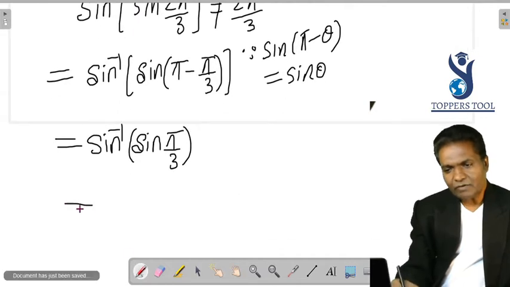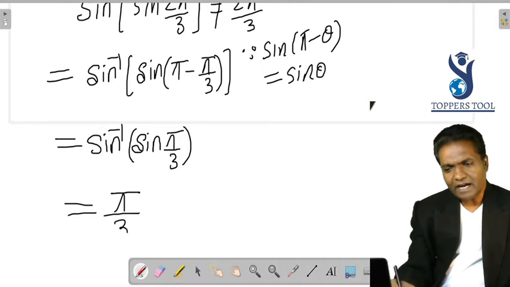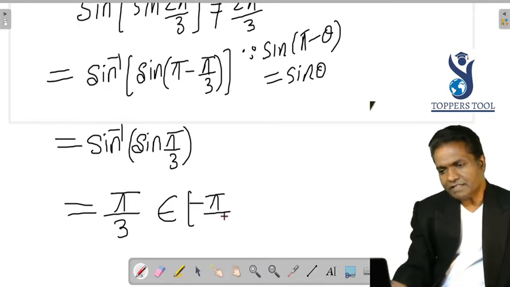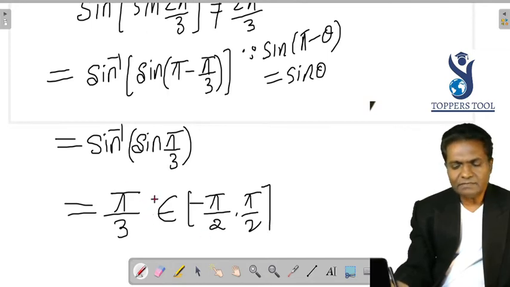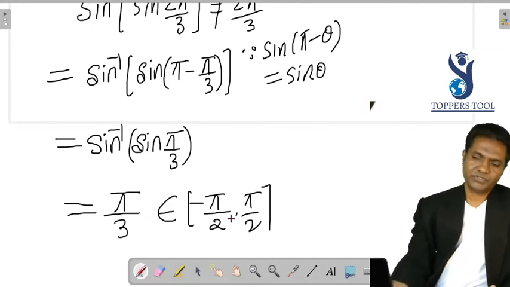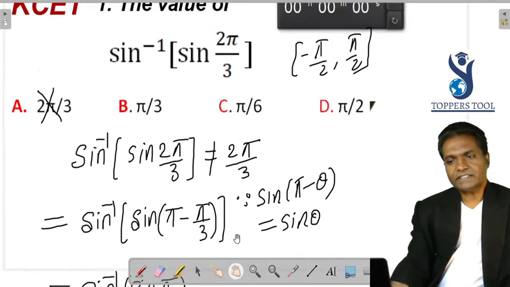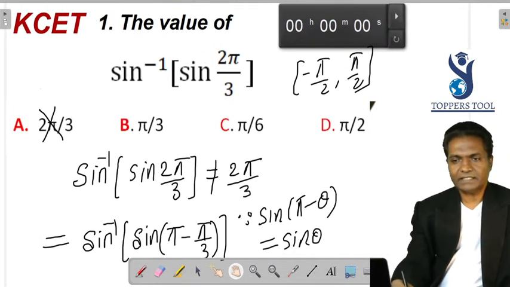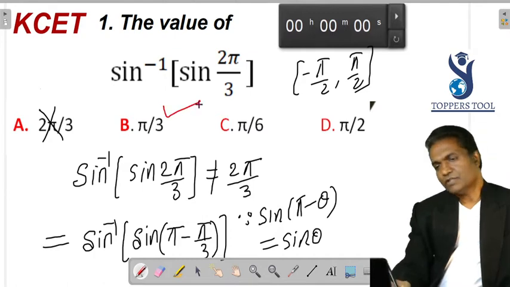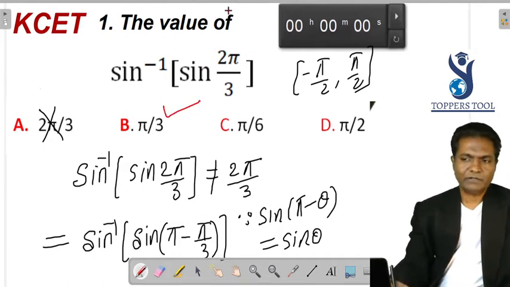Now sine inverse of sine pi by 3 is pi by 3, and you can check the principal branch of sine inverse, minus pi by 2 to pi by 2, and pi by 3 belongs to this branch. So your correct answer is pi by 3. In this way you can find the principal value.